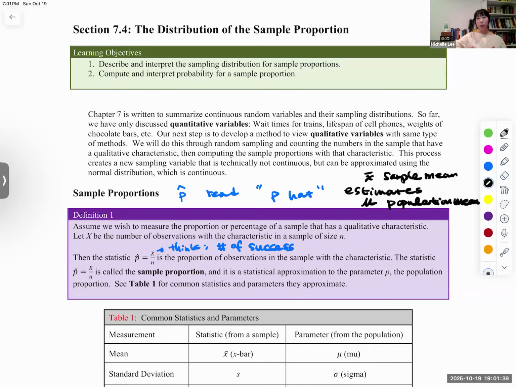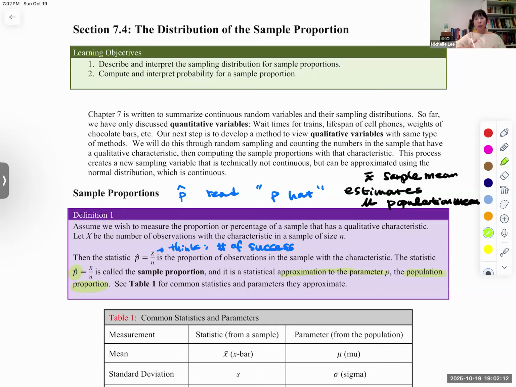Then we have the sample standard deviation, s, which estimates the population standard deviation, sigma. And we have the sample proportion, which we want to approximate to the parameter p, the population proportion, right?